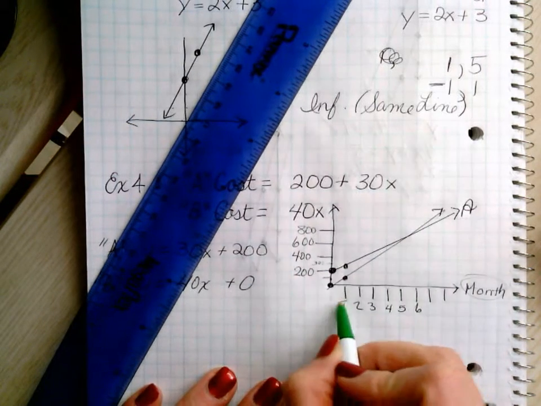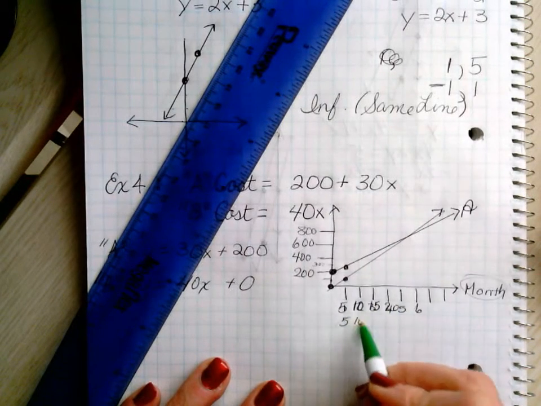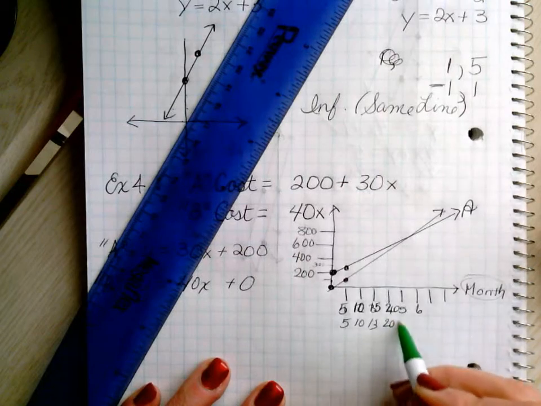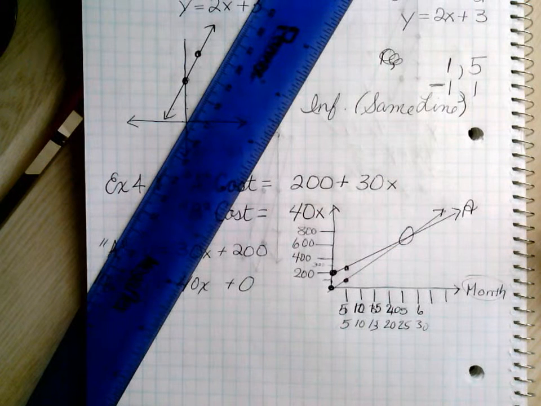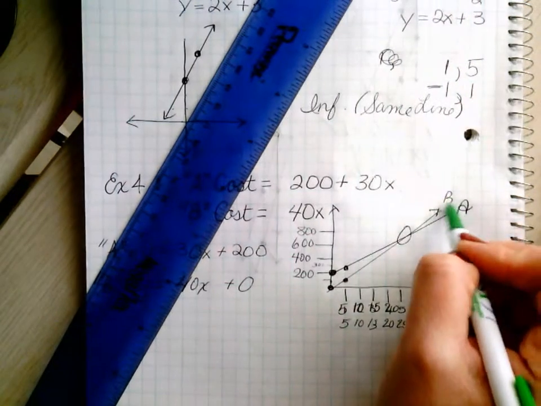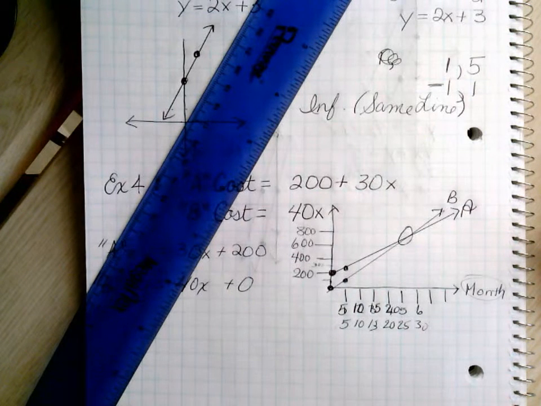They did 5, 10, 15, 20. That's what threw me off. 20, 25, 30. So at this point, they're going to be about the same cost. The thing about this is it is difficult to visualize when you don't know the exact scale. You just have to decide a scale, and if I had decided a little bit better, it would have worked a little better. But I was trying to copy theirs.